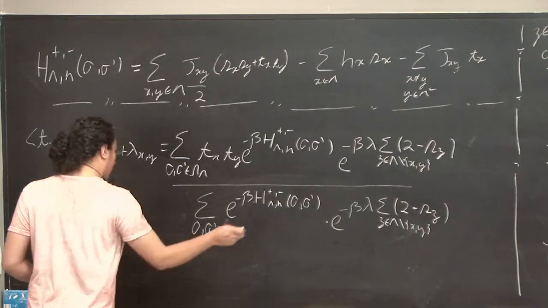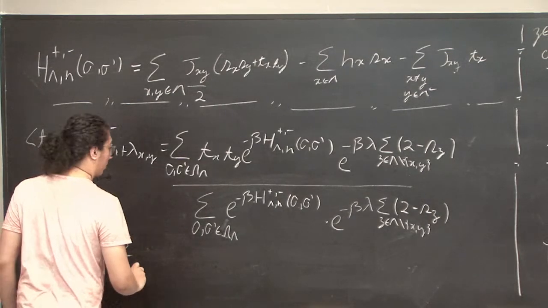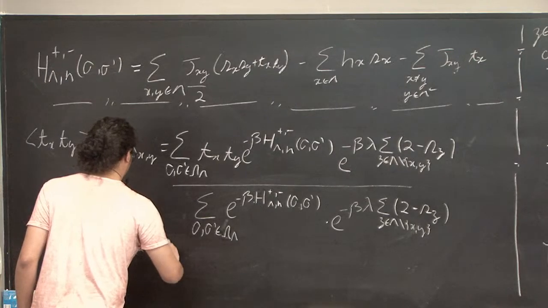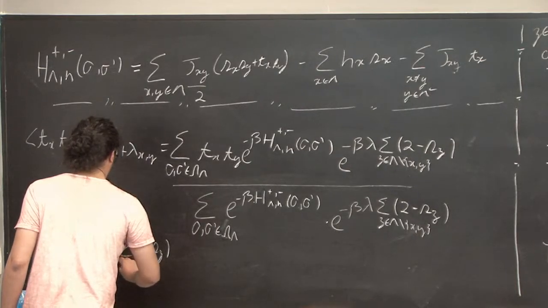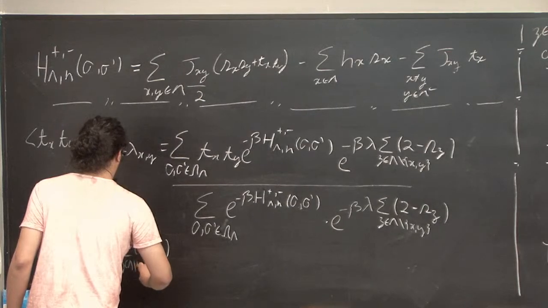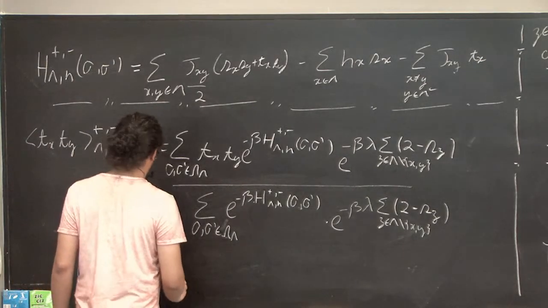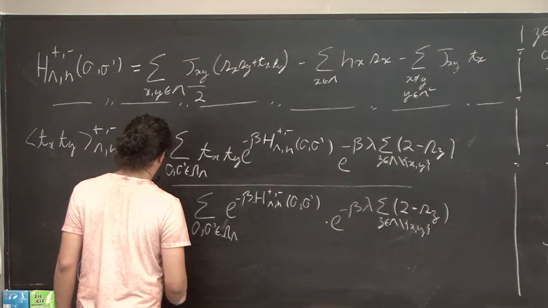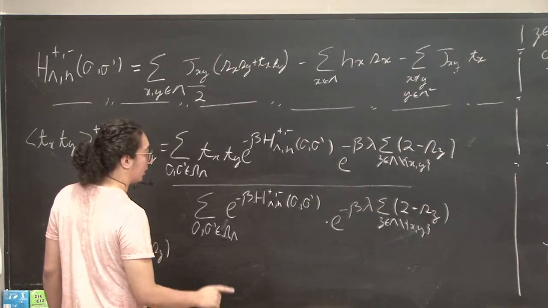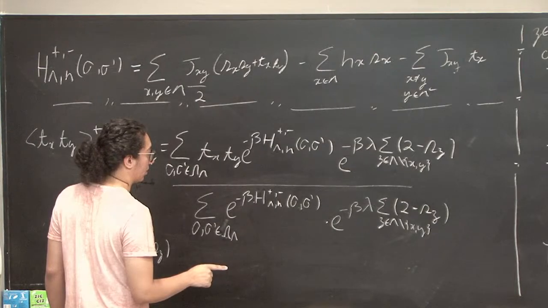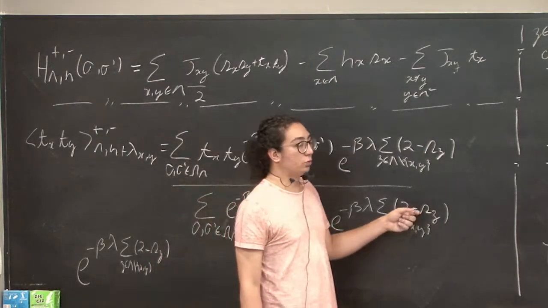So this term that appears there, minus beta lambda sum of 2 minus s z over the lattice minus x and y, this converges to, yes, this here is for when s z is 2.